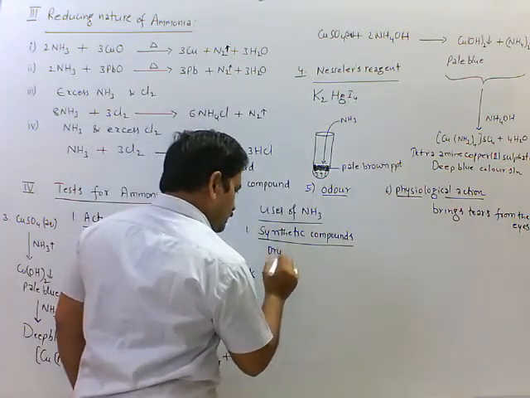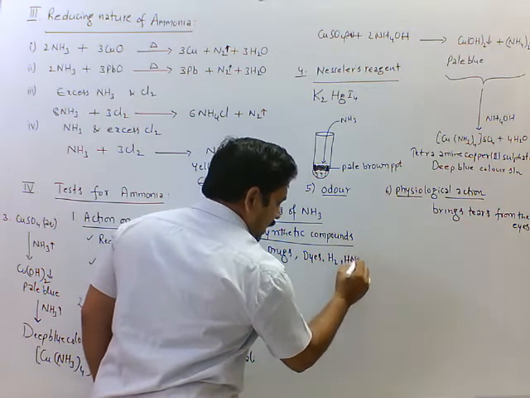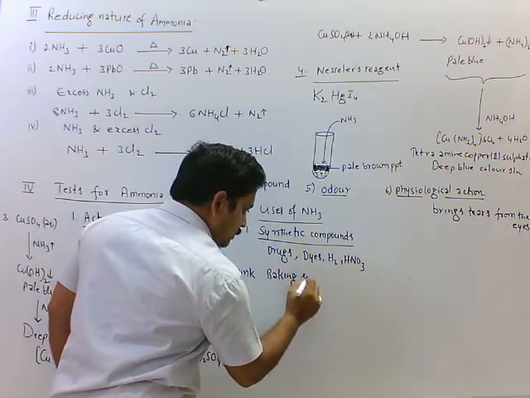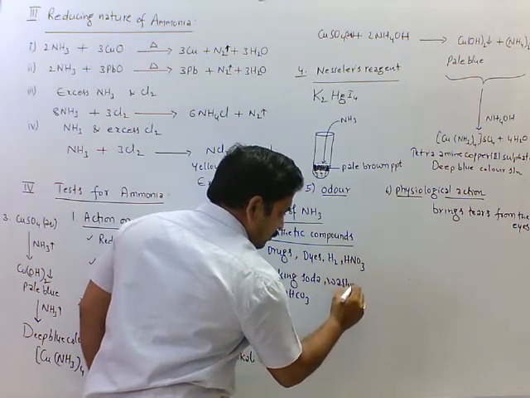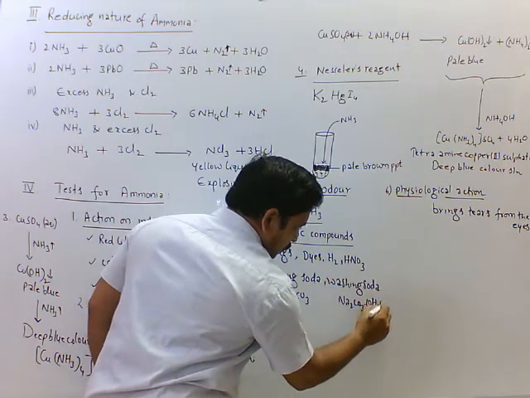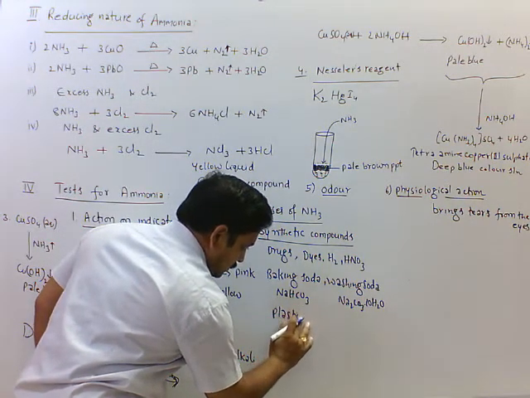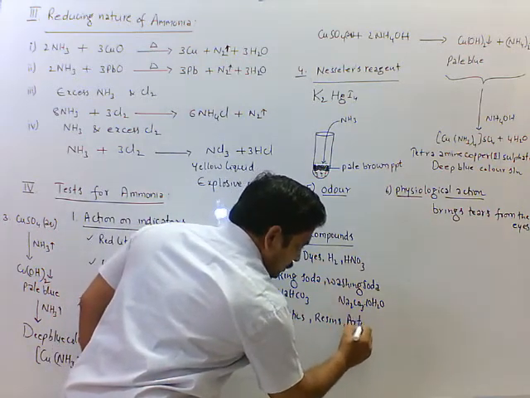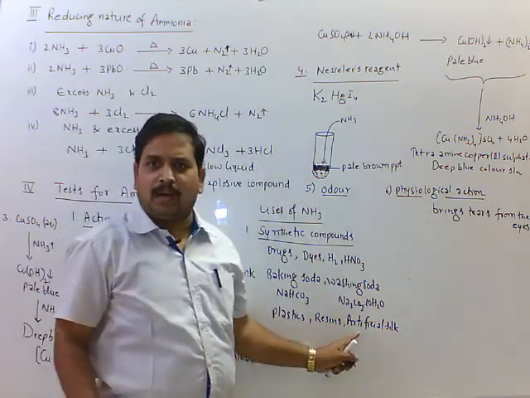That is drugs, dyes, hydrogen, nitric acid by Ostwald's process, baking soda, that is NaHCO3, washing soda, this is Na2CO3.10H2O, plastics, resins, artificial silk, this is cellulose nitrate, artificial silk.